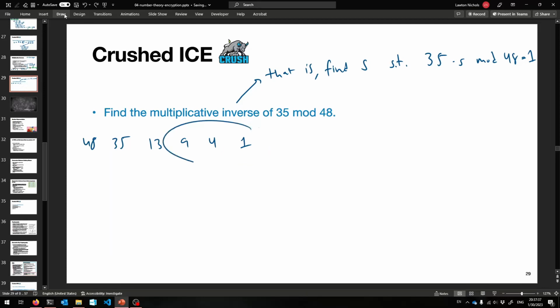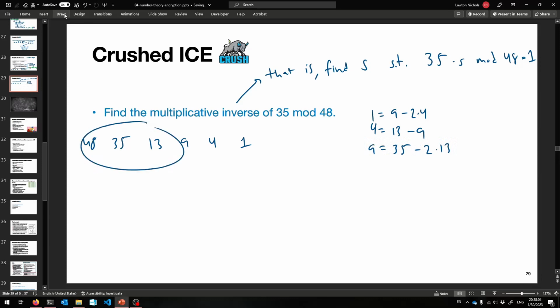Let's represent 1 in terms of 4 and 9. So 1 is equal to 9 minus 2 times 4. Let's represent 4 in terms of 13 and 9 using our extended Euclidean algorithm. 4 is equal to 13 minus 9. That works. And then let's represent 9 involving 35 and 13. 9 is equal to 35 minus 2 times 13.